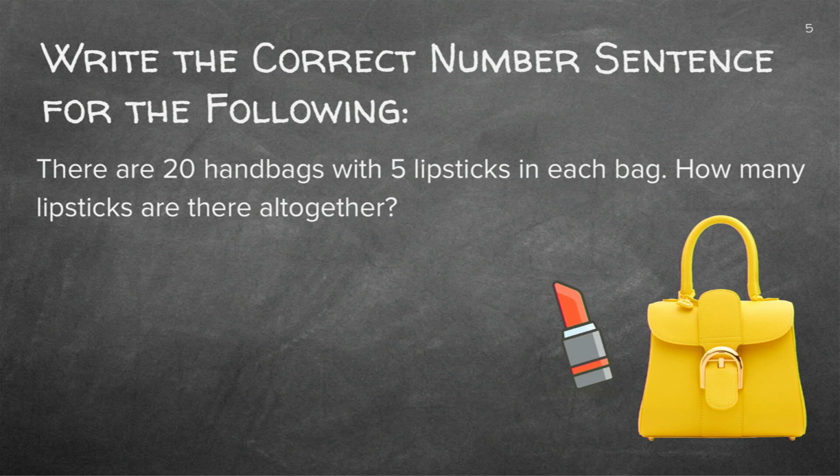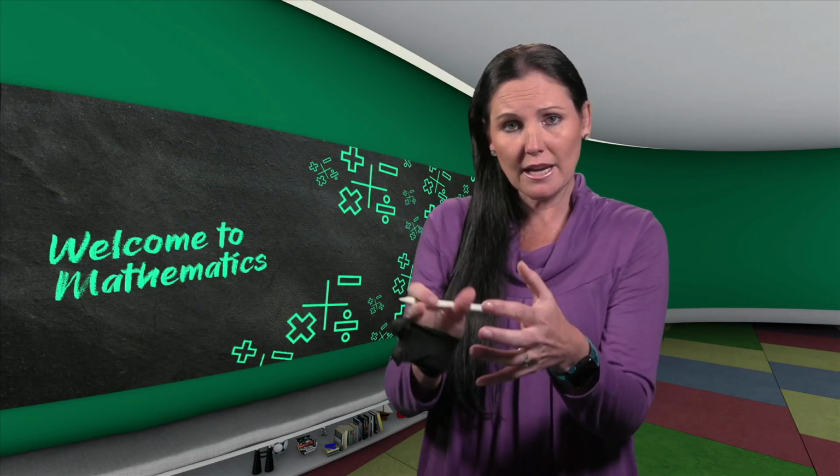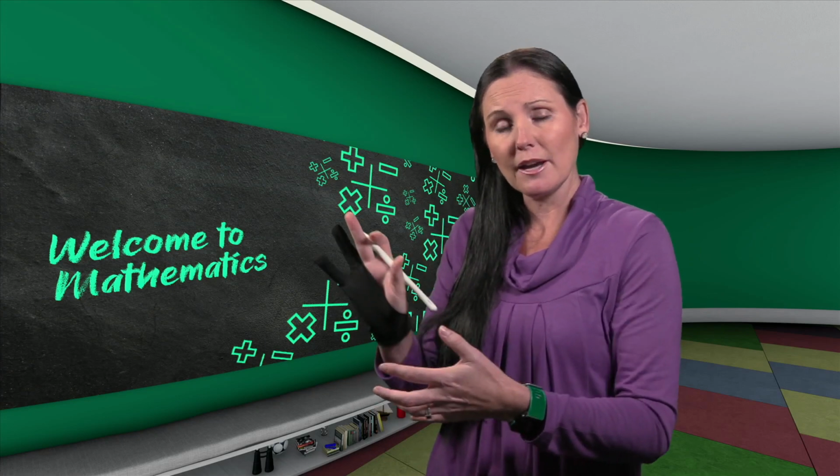There are 20 handbags with 5 lipsticks in each bag. How many lipsticks are there all together? So I have 20 handbags with 5 lipsticks in each. Now, one handbag, 5. Second handbag, 5. Third handbag, 5. So it's 20 handbags, and in each handbag there are 5 lipsticks.